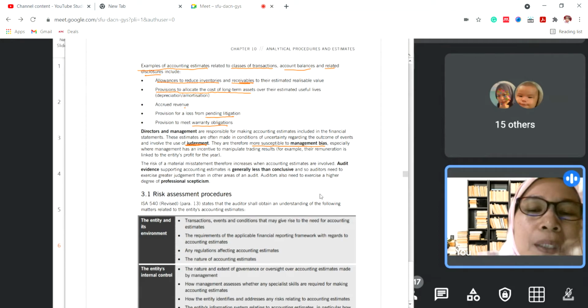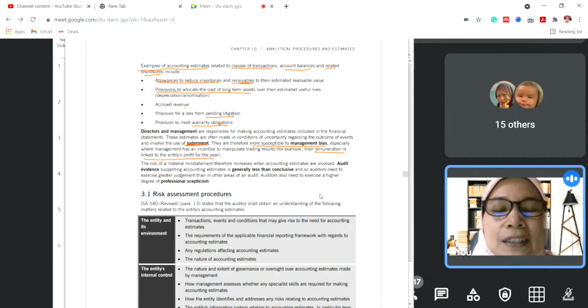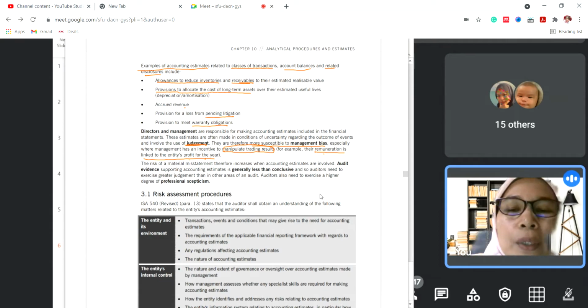For example, their remuneration is linked to the entity's profit for the year. So remuneration to the board of directors is based on the entity's profit. Are they going to manipulate the result in order to give remuneration to the board of directors? Or to pay the bonus?